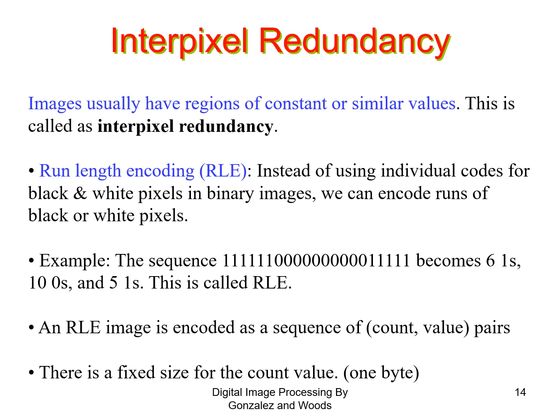Now interpixel redundancy. Images usually have regions of constant or similar values. Suppose I am taking a binary image, where you will have either 0 or 1, that is black or white. This is called interpixel redundancy, and the technique is known as run length encoding, RLE.